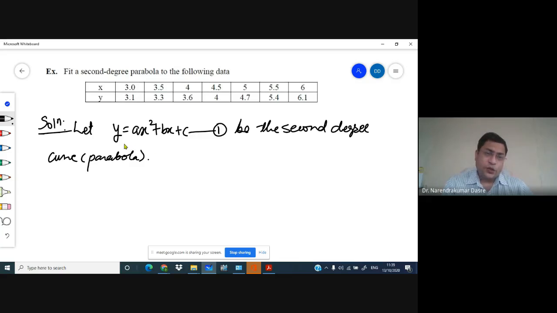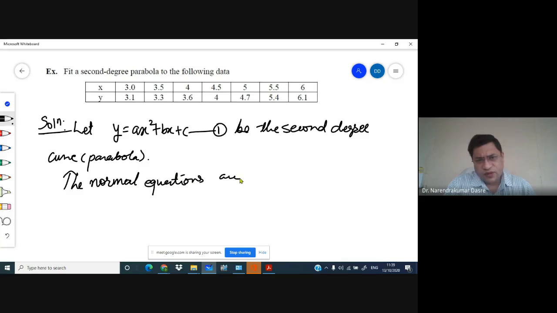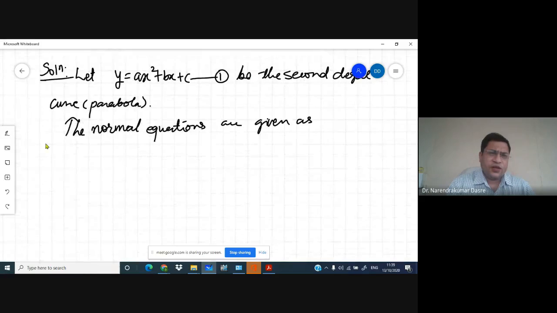Try to understand the technique to write the normal equations from the given equation of the curve. So what are the normal equations we'll have?